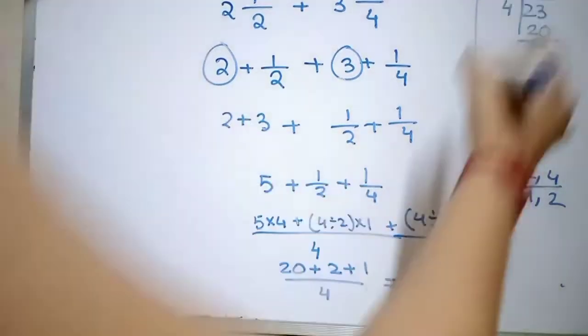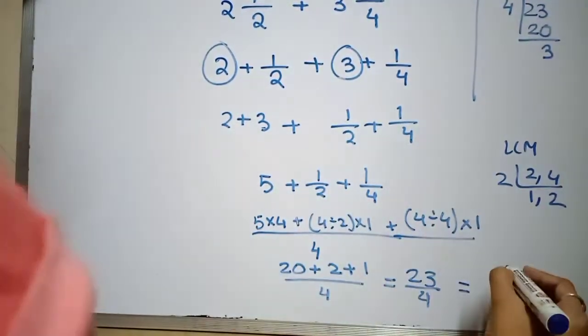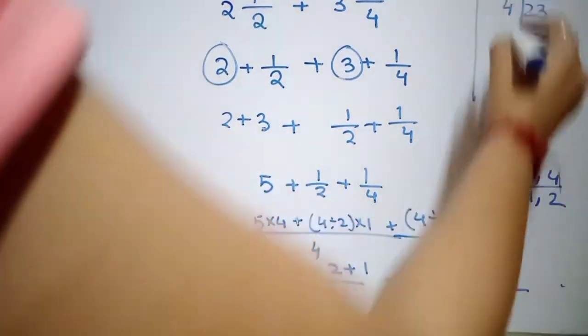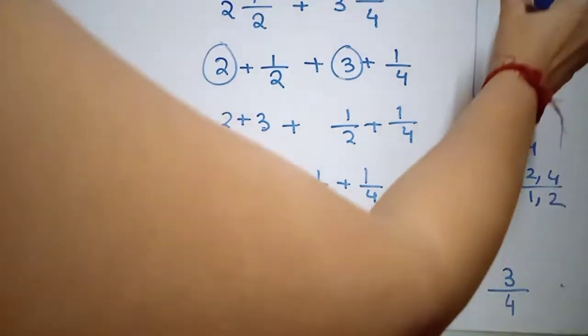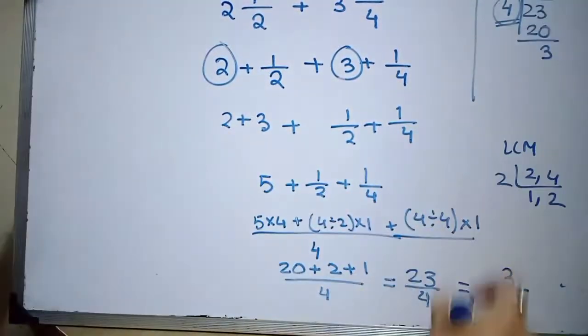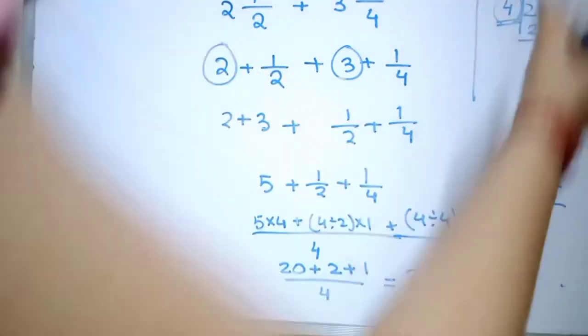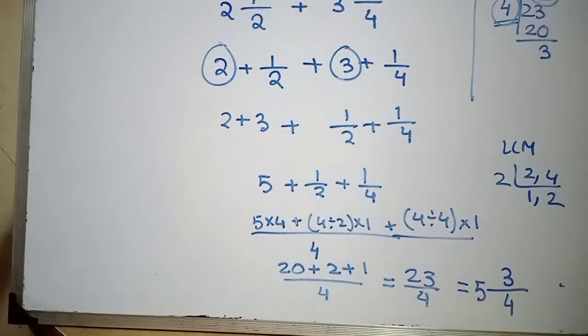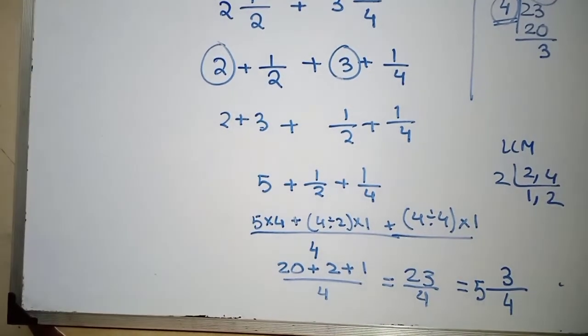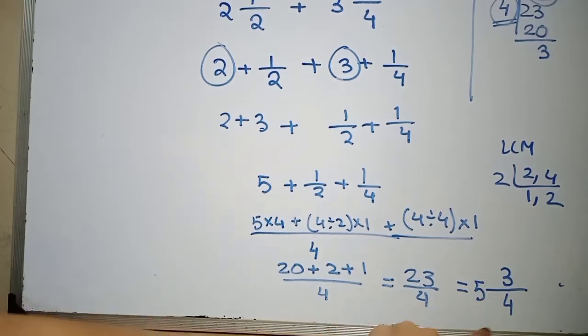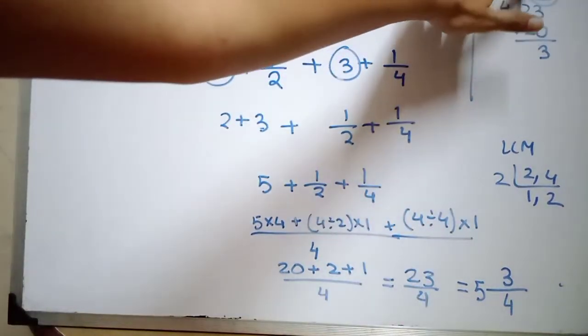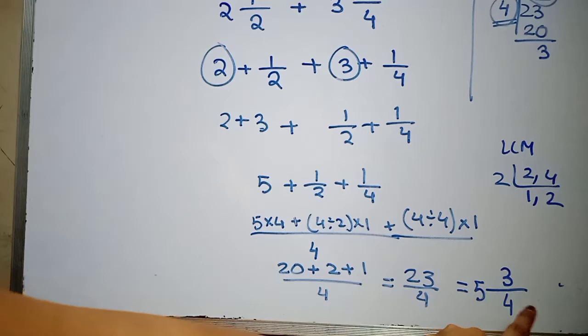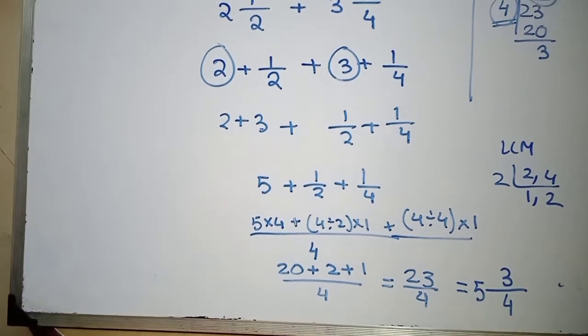Whatever is the remainder will be written in the numerator, the number I am using for division will be the denominator, and the quotient will be the whole number. So this will be 5 whole 3 by 4. 5 is the whole number because 5 is the quotient. So 5 whole 3 by 4 will be the answer.